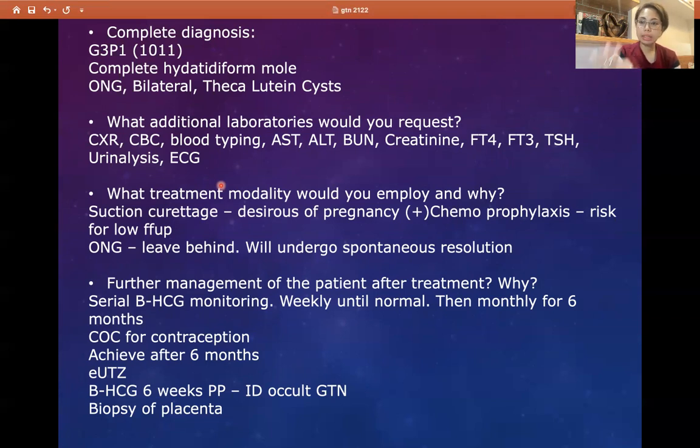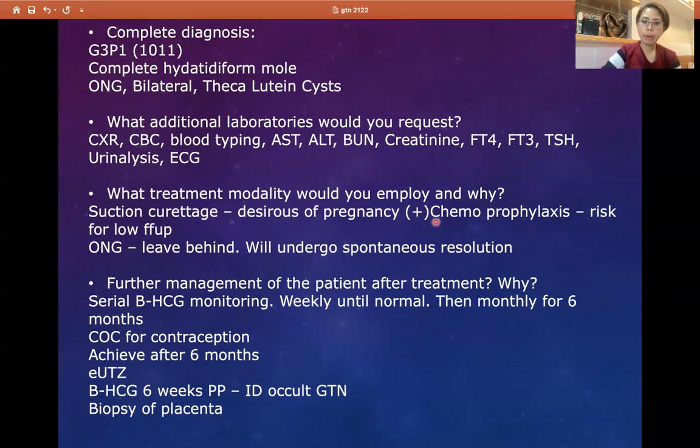Again, treatment modality, there are 3 options: suction curettage, hysterectomy, and chemoprophylaxis. For this case, we'll not choose hysterectomy. Why? Number 1, she is young and still desirous of pregnancy. And so suction curettage will be the best treatment modality that we shall choose for this patient.